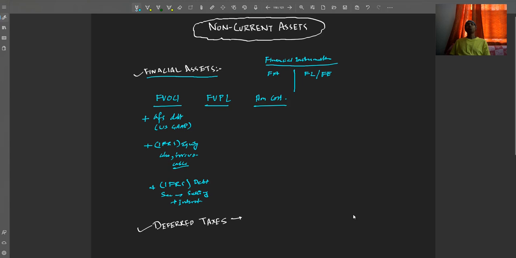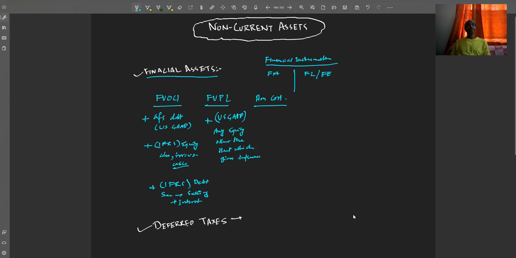Fair value through profit and loss. Under US GAAP, any equity, unless that equity gives the equity owner significant influence, any kind of equity other than that can be included in fair value through profit and loss.